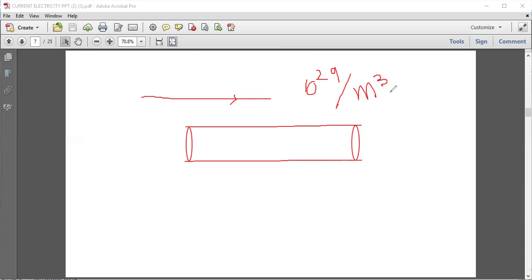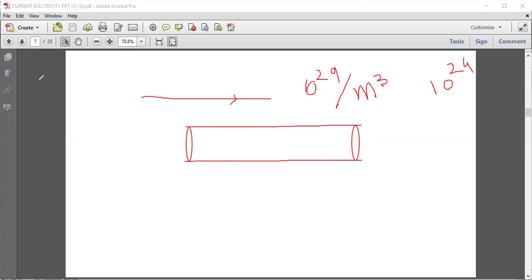This is the free electron density in silver. Silver is considered as the best conductor. While for iron, copper, gold, which are considered good conductors, the free electron density is 10 to the power 24 per meter cube. Means in 1 meter cube volume, there are 10 to the power 24 free electrons.